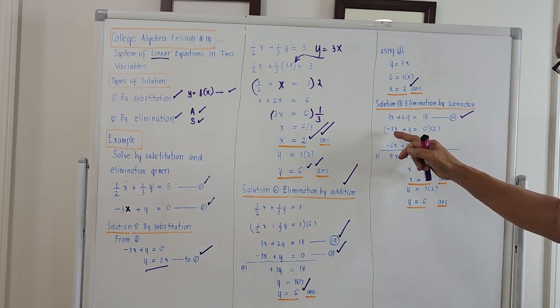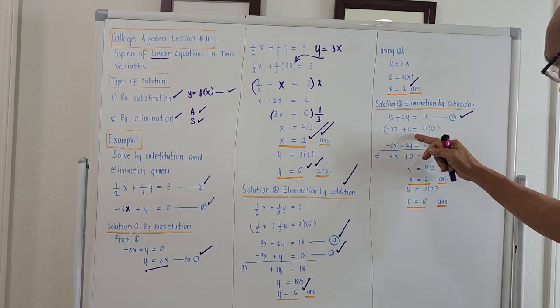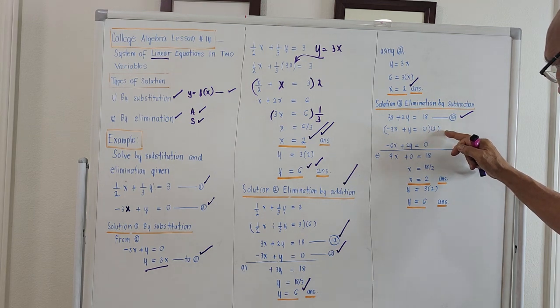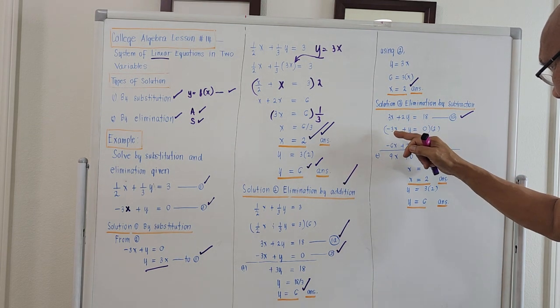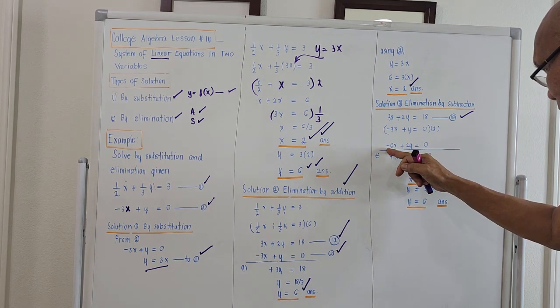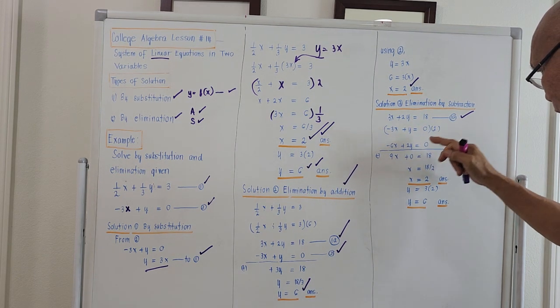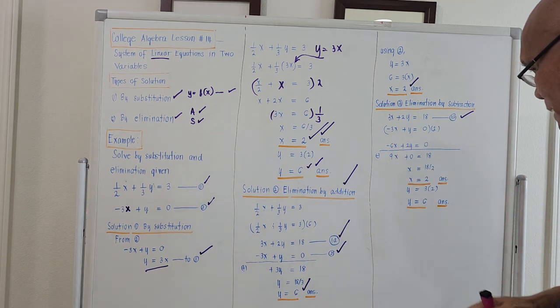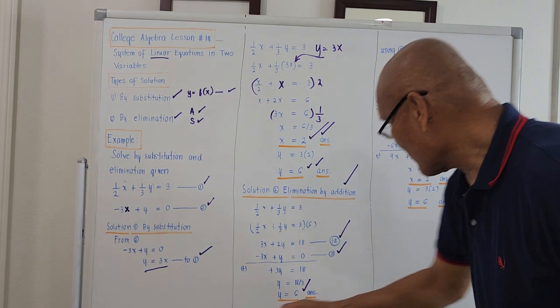Equation number 2 is minus 3x plus y equal to 0. We try to multiply this equation here by 2. So minus 3x times 2 will be negative 6x. A y times 2 will be 2y, and a 0 times 2 will be equal to 0.